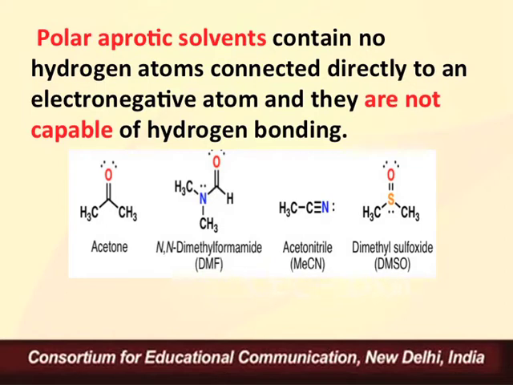If we look at the example of acetone, the carbonyl group is polar in nature, since carbon has a partial positive charge and oxygen has a partial negative charge. Since oxygen is more electronegative as compared to carbon, it will pull electrons towards itself. So they are polar solvents. They are aprotic because a hydrogen atom is not attached to the electronegative atoms in these compounds.